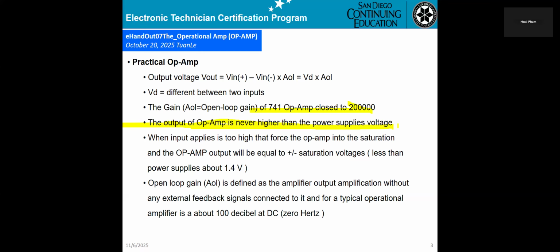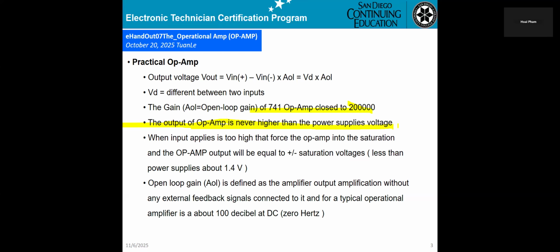However, they already tell you the output of an op amp is never higher than the power supply voltage. We're using plus 15 and minus 15 volt power supply. That's telling you the output cannot be higher than 15 volt or minus 15 volt.